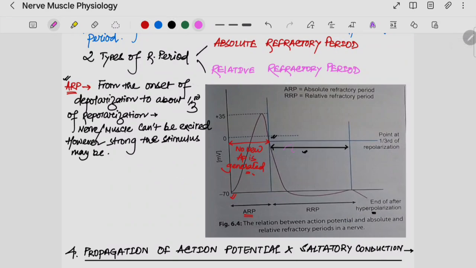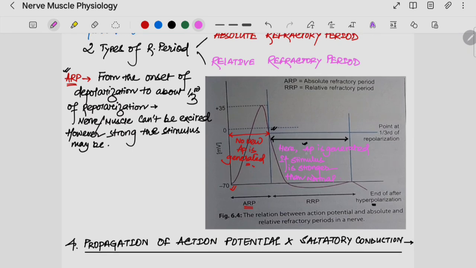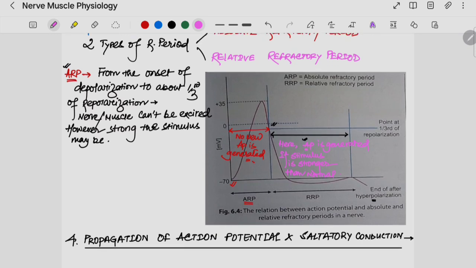So here an action potential is generated if the stimulus is stronger than normal. So a new action potential is generated if the stimulus is stronger.